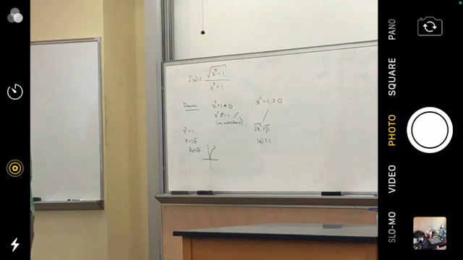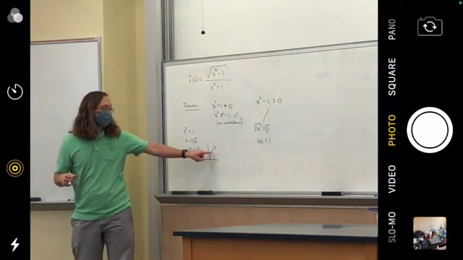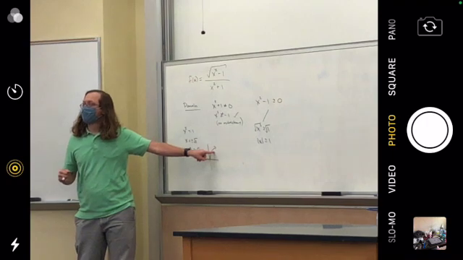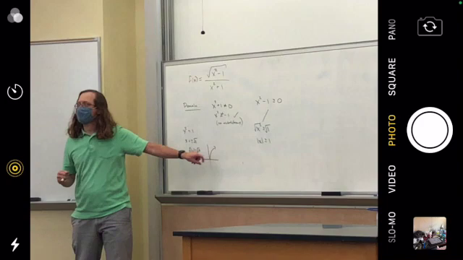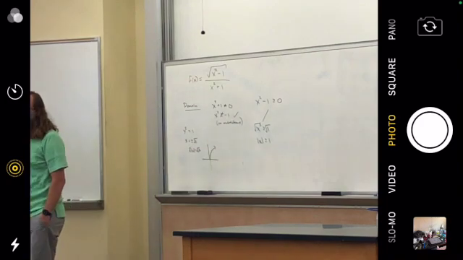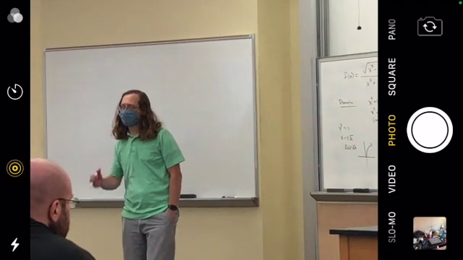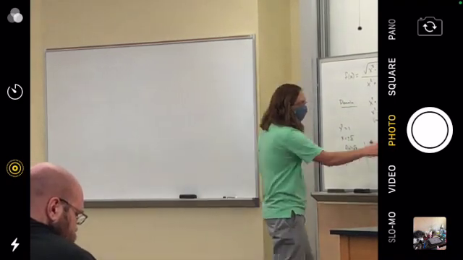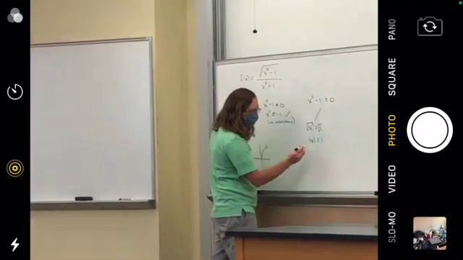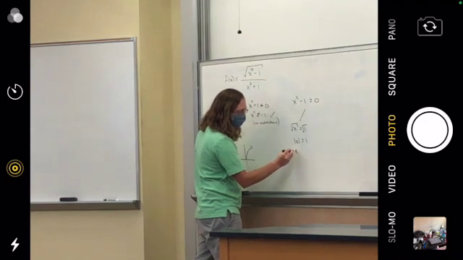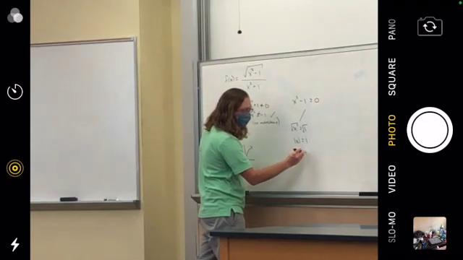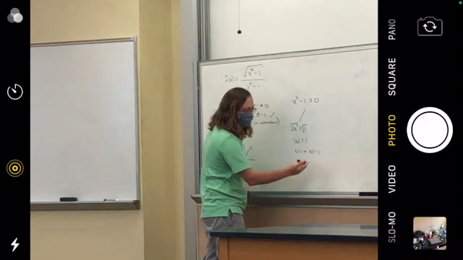X might have been negative. If x is negative, could that have been a square root? That's not what we mean when we say take the square root, right? So I need this to be a positive number. How do you do that? Put an absolute value on it. Then what solves this inequality? That means x must be greater than or equal to 1, or x less than or equal to -1.